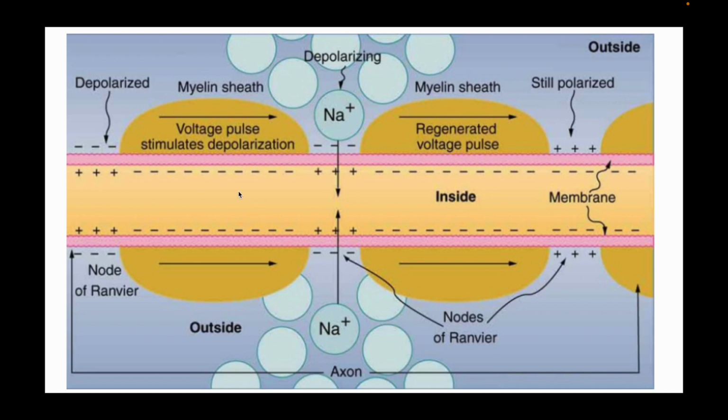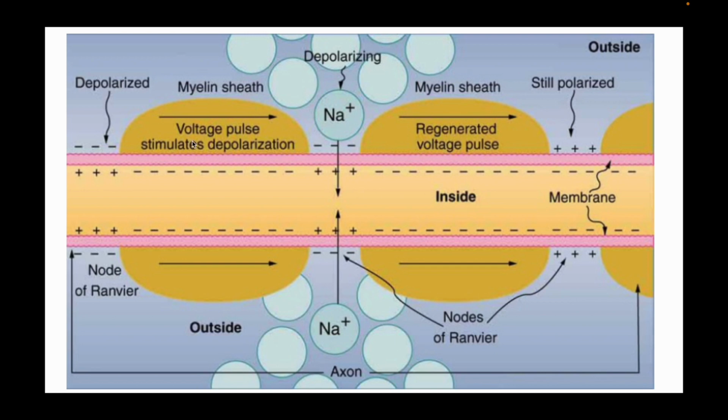So this makes the transmission very fast because the electrical transmission is much faster than the depolarization that could have occurred. The axons that do not have this myelin sheath do not have this fast electrical transmission or the nodes of Ranvier. So the depolarization passes along like this, with each segment getting depolarized slowly. This results in a slow conduction of the electrical signal.